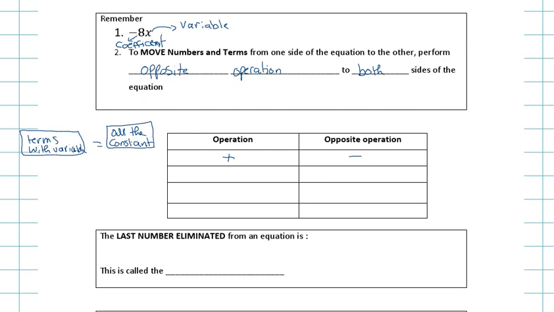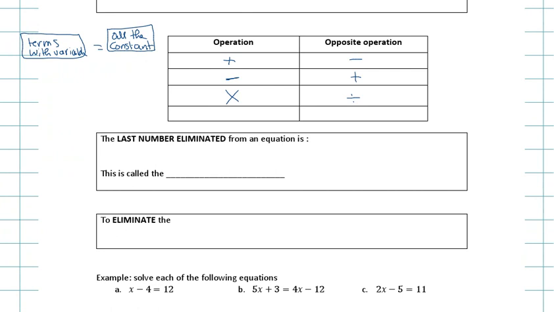If the operation is negative, you bridge it over, it becomes positive. If you're multiplying and you bridge over, the opposite of multiplication is division. And if you're dividing, bring it over, it becomes multiplication.